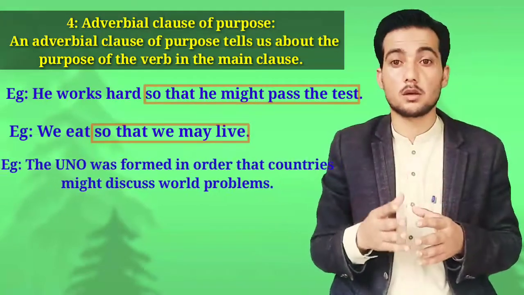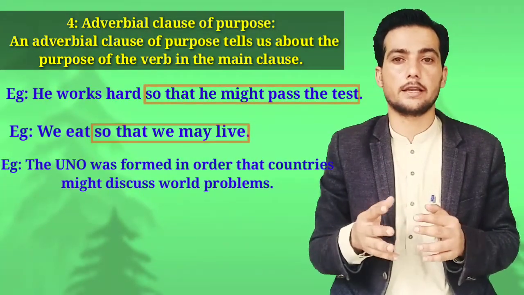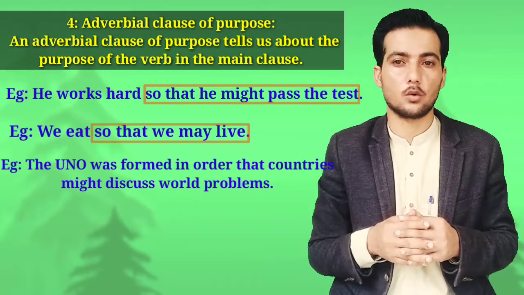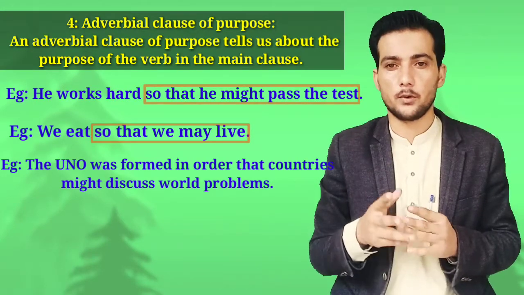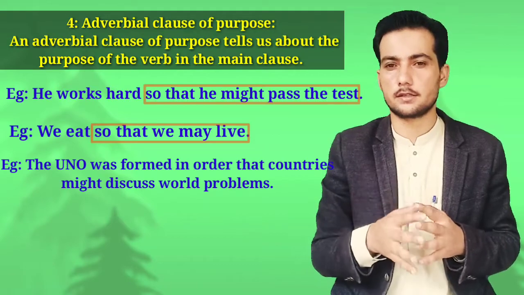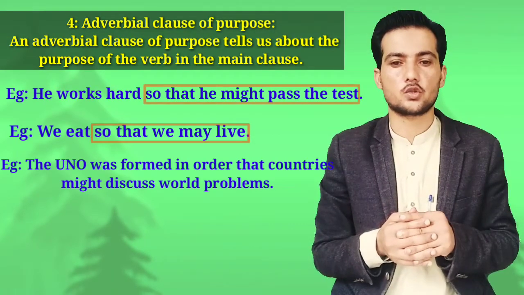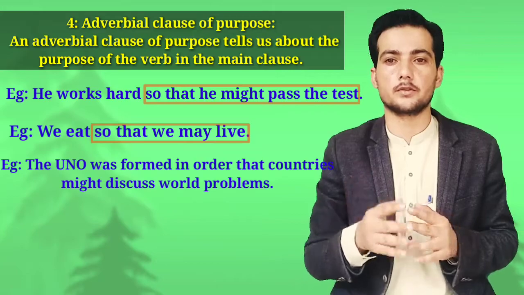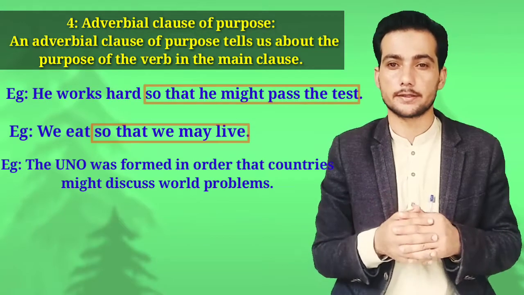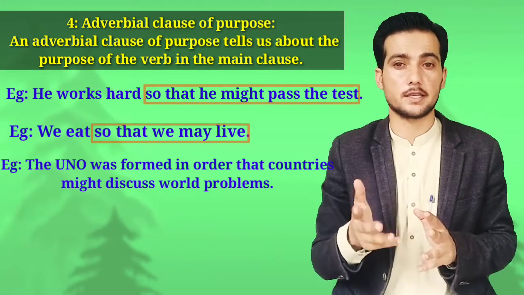The UNO was formed in order that countries might discuss world problems. If you look at this sentence, again it consists of two clauses. The first one is "the UNO was formed". It is the main clause because it can stand alone as a sentence.